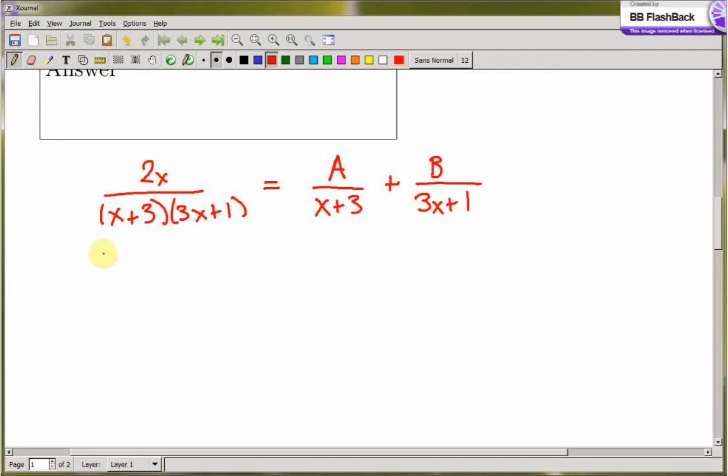You want to multiply both sides by the denominator of this fraction. And what happens when you do that? You get 2x, because it's cleared on the left.